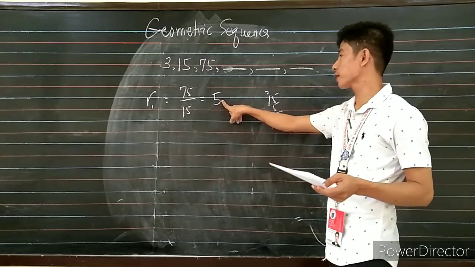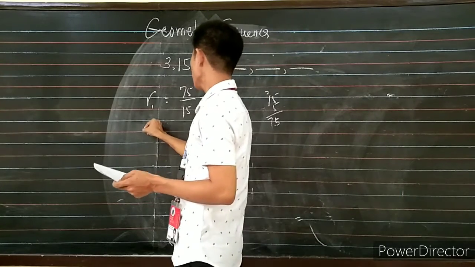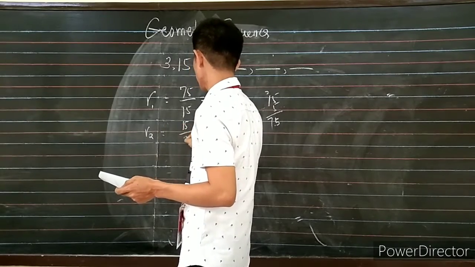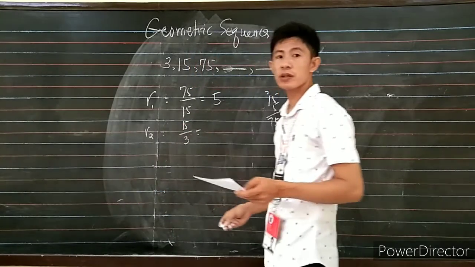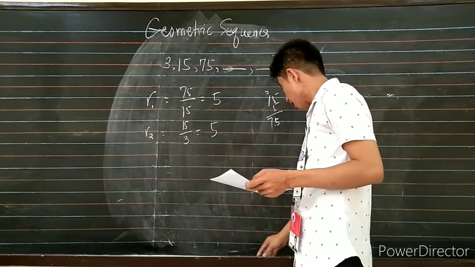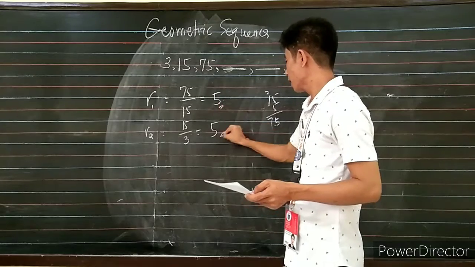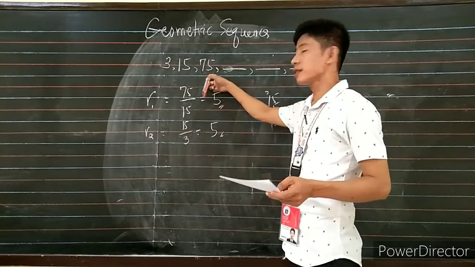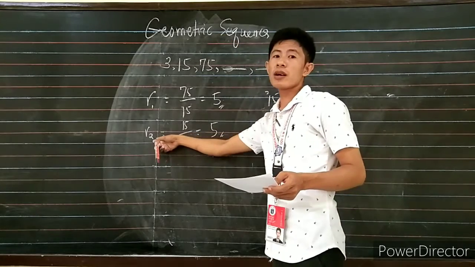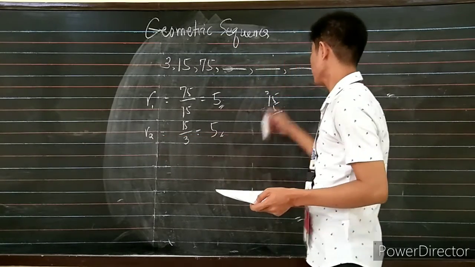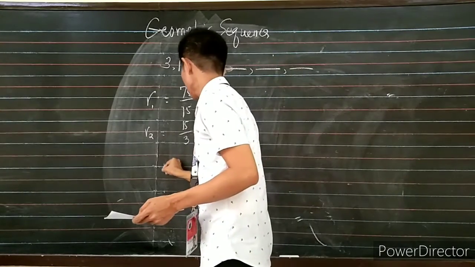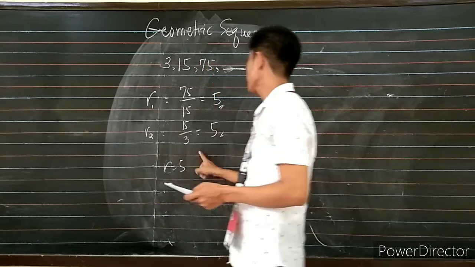So the ratio is 5. How about for the second ratio? We have 15 divided by 3. That is also equal to 5. Therefore, since they have the same ratio, this given sequence is a geometric sequence with the common ratio of 5.